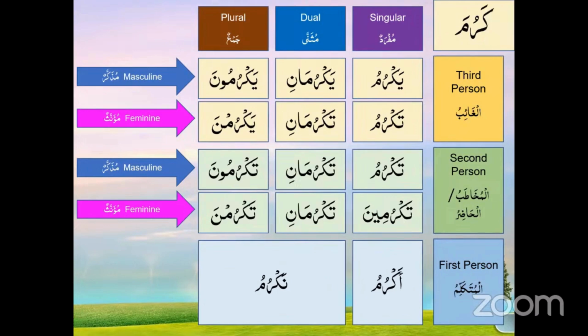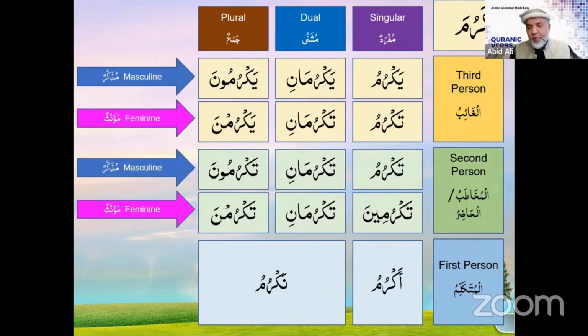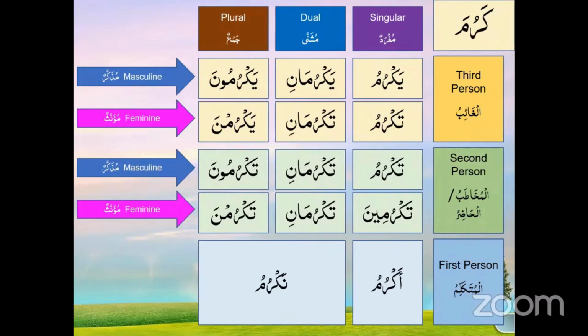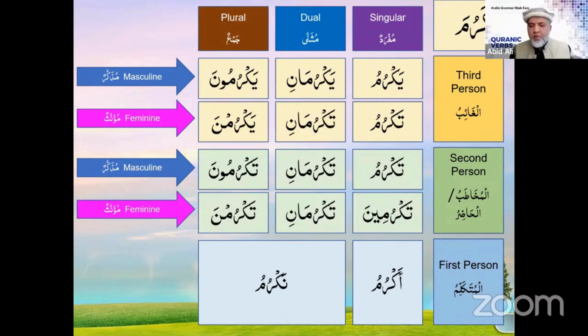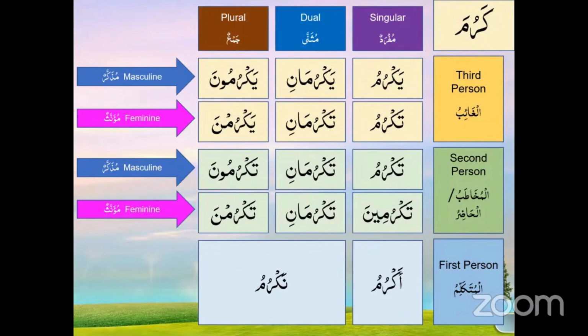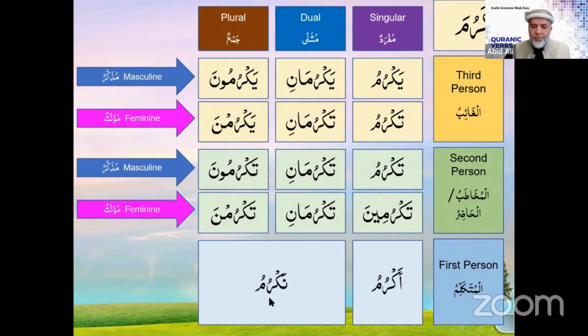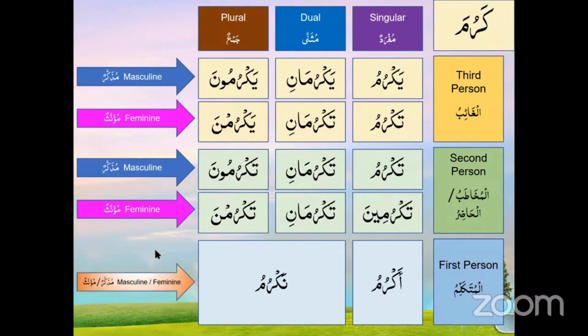But the plural for 2nd and 3rd person are still ya and ta, correct? And nakrumu can also be for dual, right? Depending on how many people are speaking. No, nakrumu can only be 1st person plural. So for any kind of plural, it would be the noon, just for the 1st person? Noon. Yes. Perfect. Jazakallah. All right, good.